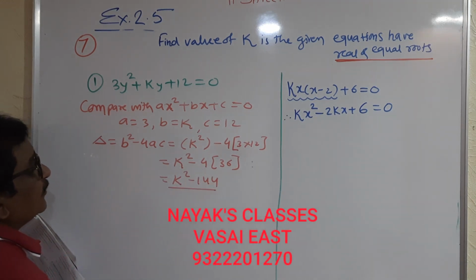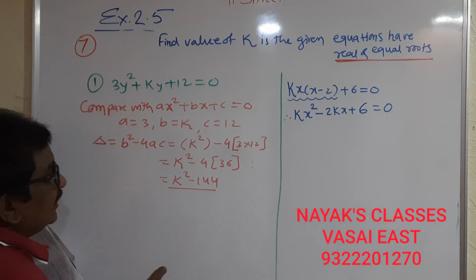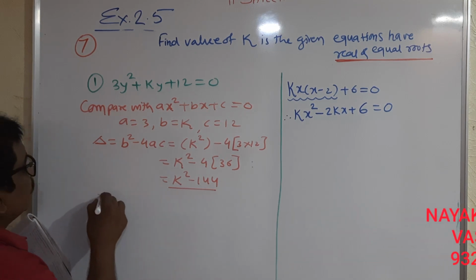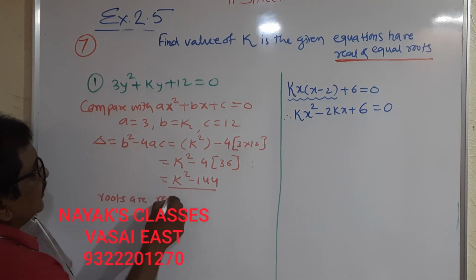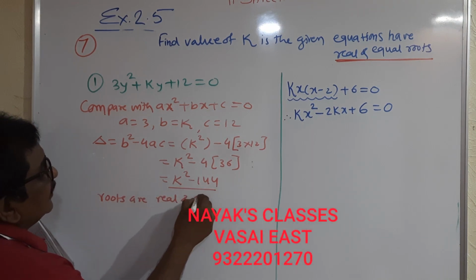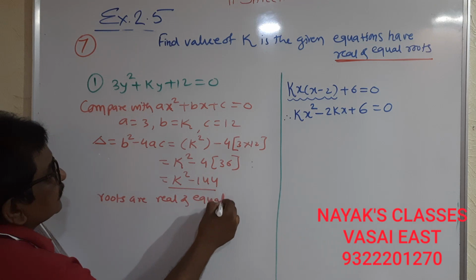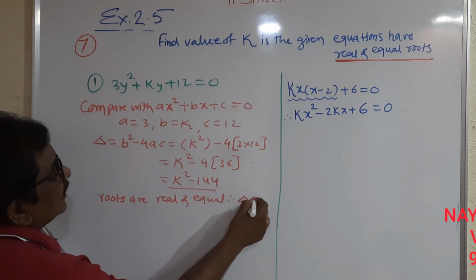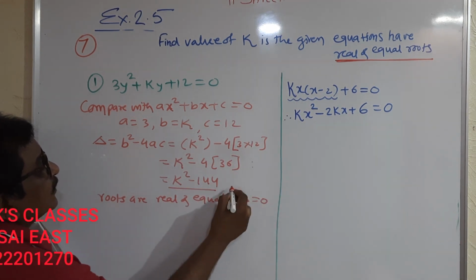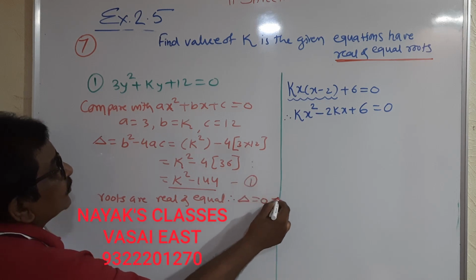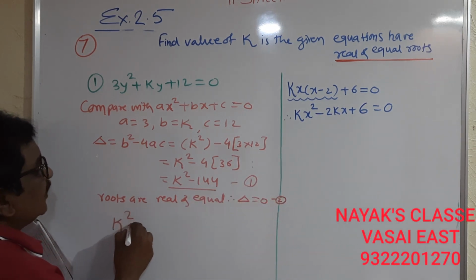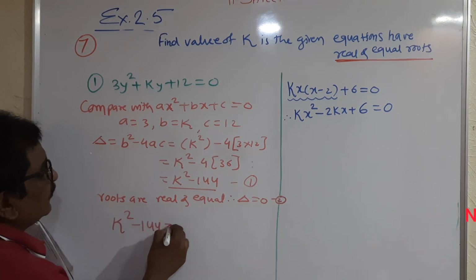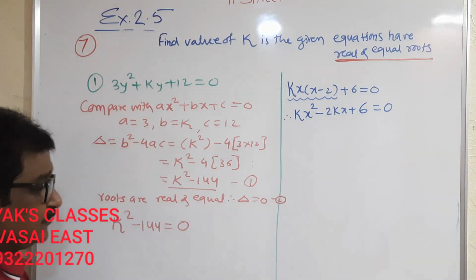Correct? But the roots are real and equal. Therefore, delta is equal to 0. From 1 and 2, k square minus 144 is equal to 0.